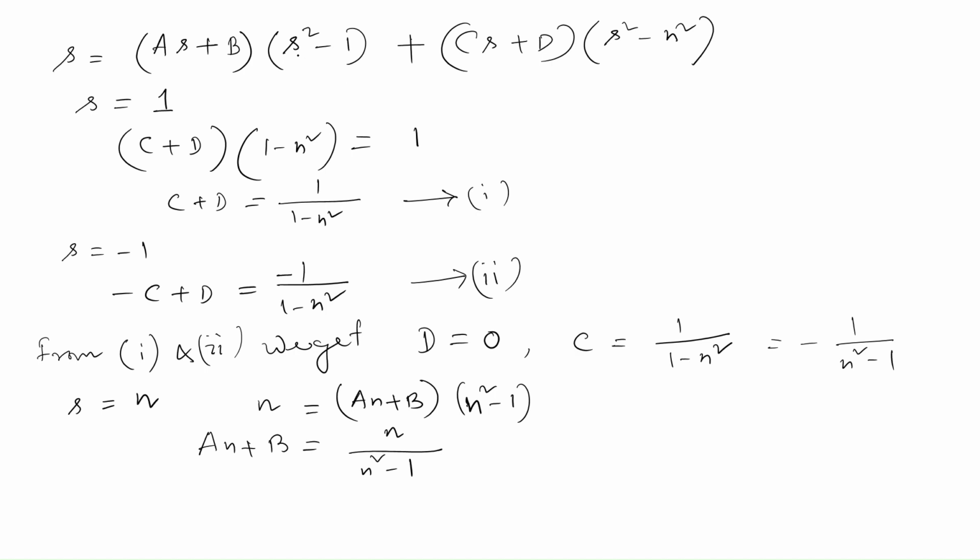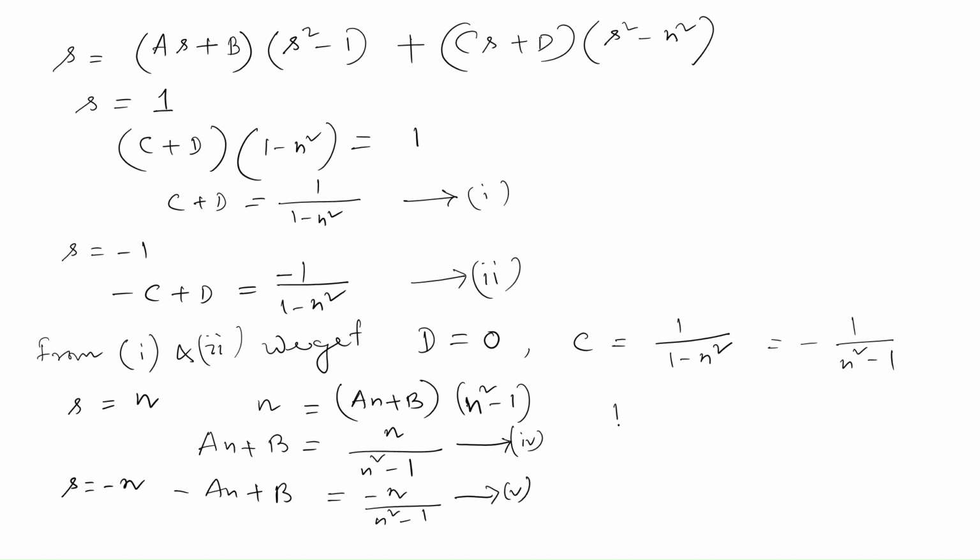Now if we take s as minus n, then we'll have the same here, just this will be minus an plus b equals minus n by n square minus 1. Now say this line is 4 and this equation is 5.